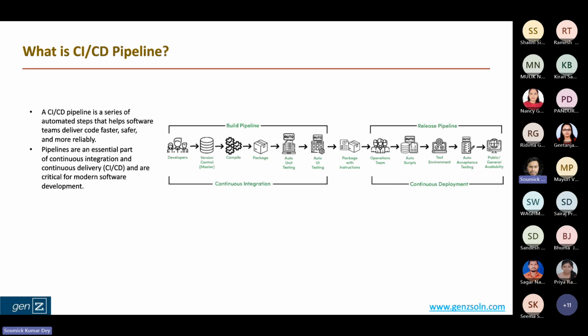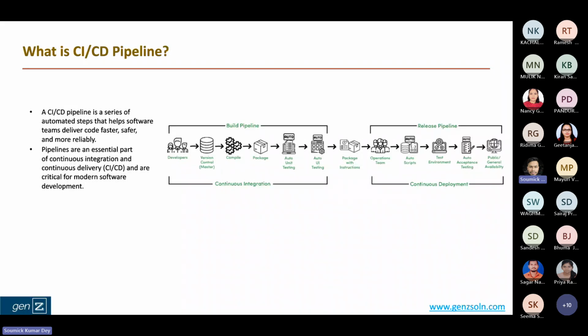So the CI/CD pipeline is helping us achieve the CI/CD process in a DevOps life cycle. Pipelines are an essential part of the continuous integration and continuous delivery process, and they are very critical for modern software development.